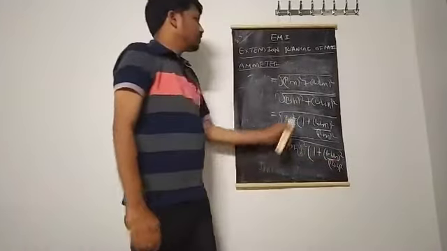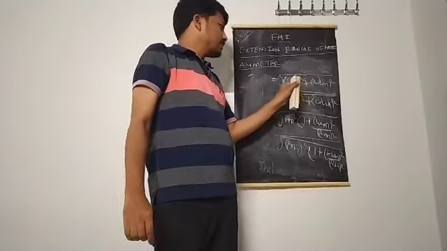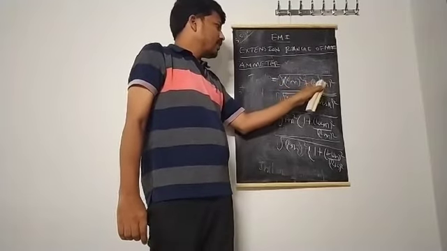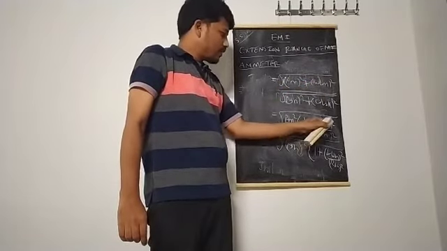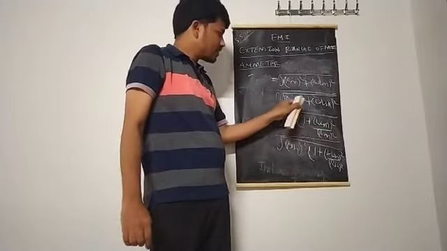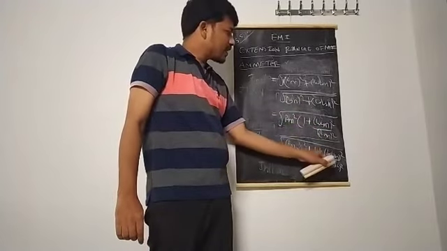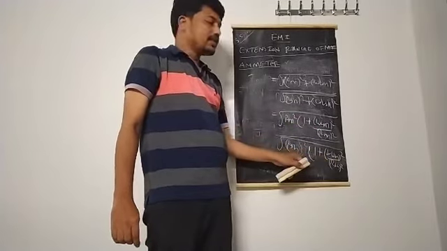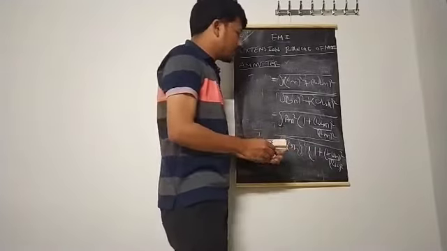Is it clear? First, in the numerator Rm square is common, 1 plus omega Lm by Rm whole square. Similarly, RSH is common in the denominator, 1 plus omega LSH by RSH whole square.